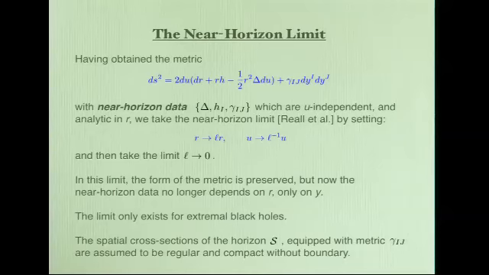Now the decoupling limit is the so-called near horizon limit introduced by Havriel, and what you do is you rescale R goes to L times R, and U goes to L minus 1 times U, and then take the limit L goes to 0. And what this does is it throws away all of the asymptotic structure that you might conceivably have within the metric, so you can't tell whether the thing is asymptotically flat or anything like that anymore.